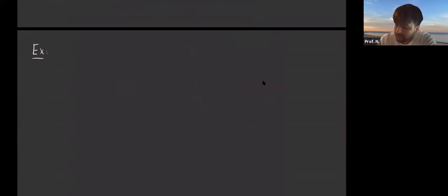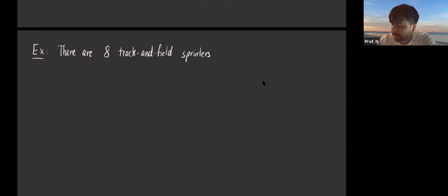So let's say we have, is it 8 runners? Yeah, there usually are, right? So there are 8 track and field sprinters in a 100-meter race.